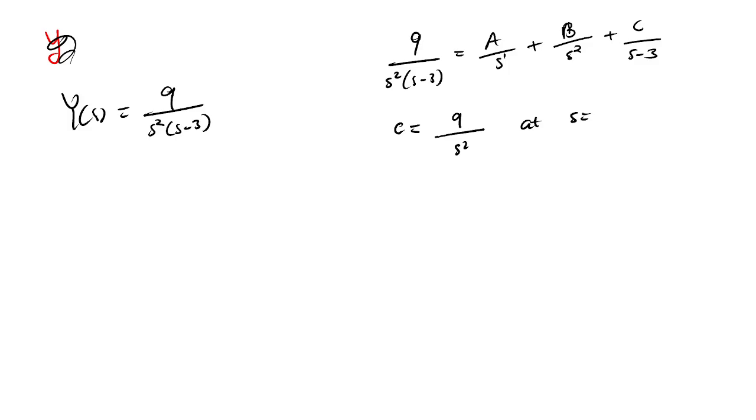Yes, I was looking for the value of s at s equal to 3. So it's 9 over s squared, which is 9 over 9, giving us 1. So we have the value of c as 1. Now we are going for the value of b.